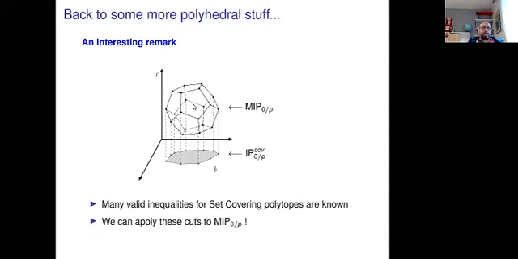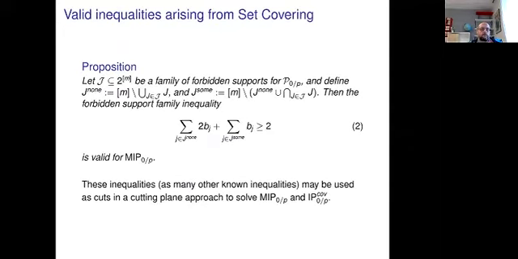So this means that even if we want to stick with the original MIP, we can use a lot of things from the set covering area to improve the resolution techniques for the original MIP. So this is some interesting stuff.